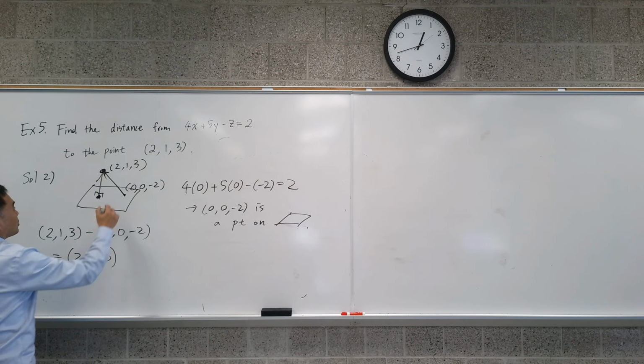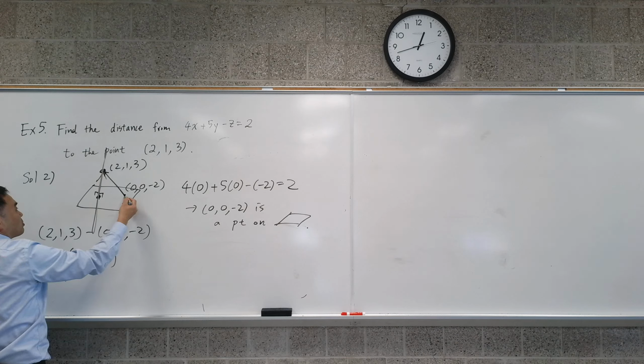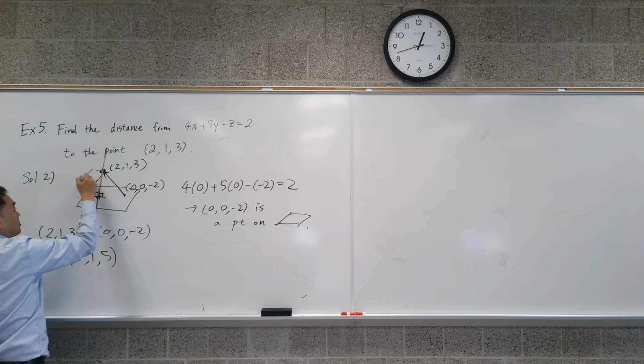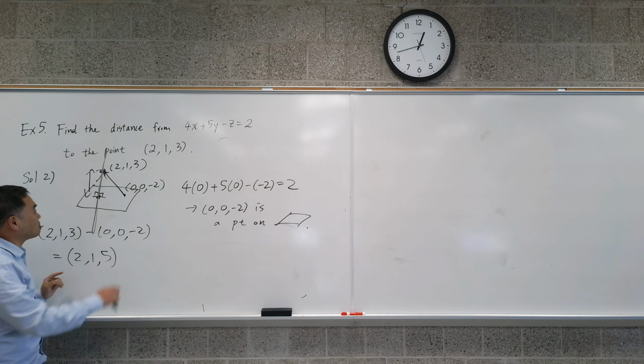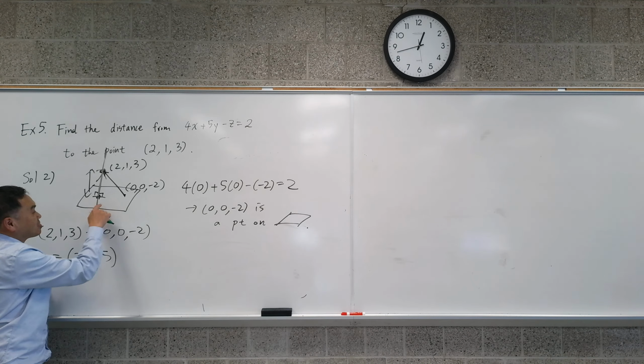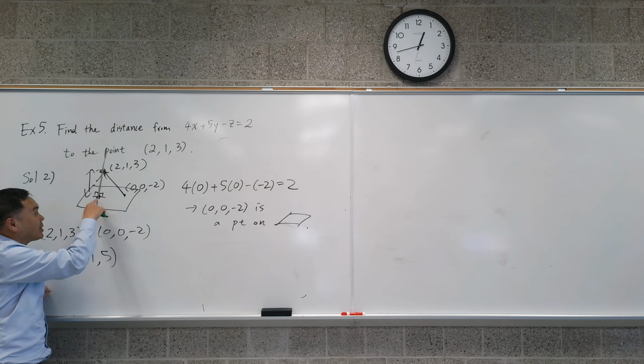But this is the line, and we're trying to find this length, not this length, right? We could use the Pythagorean theorem, so that's one way to do it, but that's not so good because then you have to know this length, and that means you have to find this point, and we just saw that finding this point is hard.